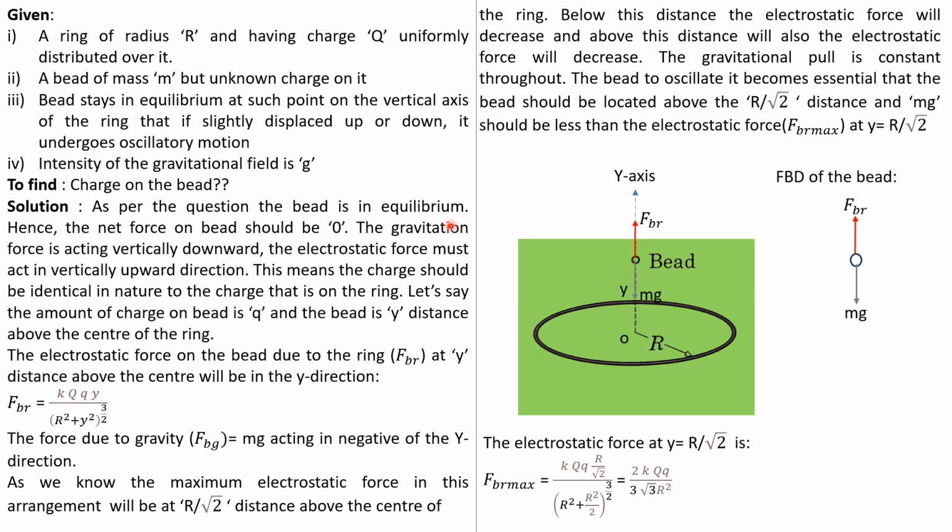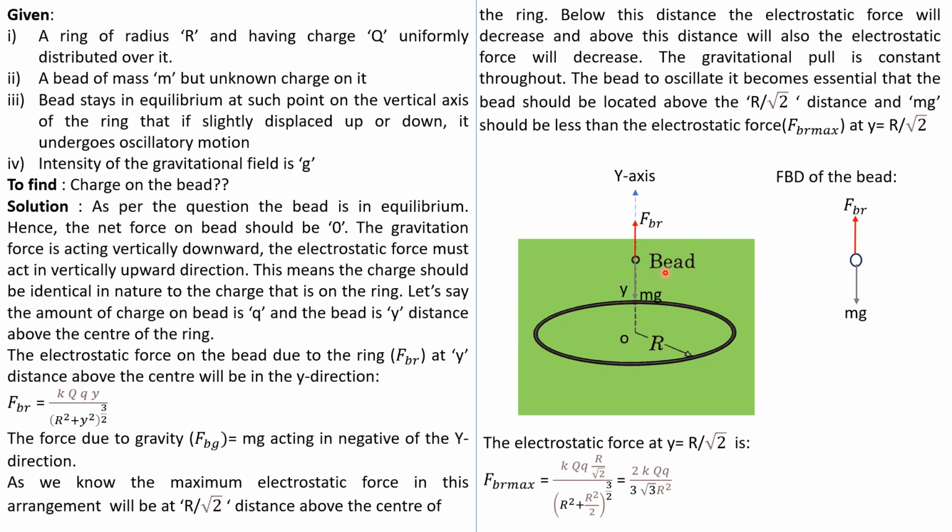Since the bead is in equilibrium, the net force on the bead should be 0. The forces acting on the bead are the gravitational force mg and the force due to the ring on the bead, which is electrostatic force. Since the gravitational force is acting down, for the net force to be 0 it becomes important that F_BR should be vertically upward to cancel out mg.